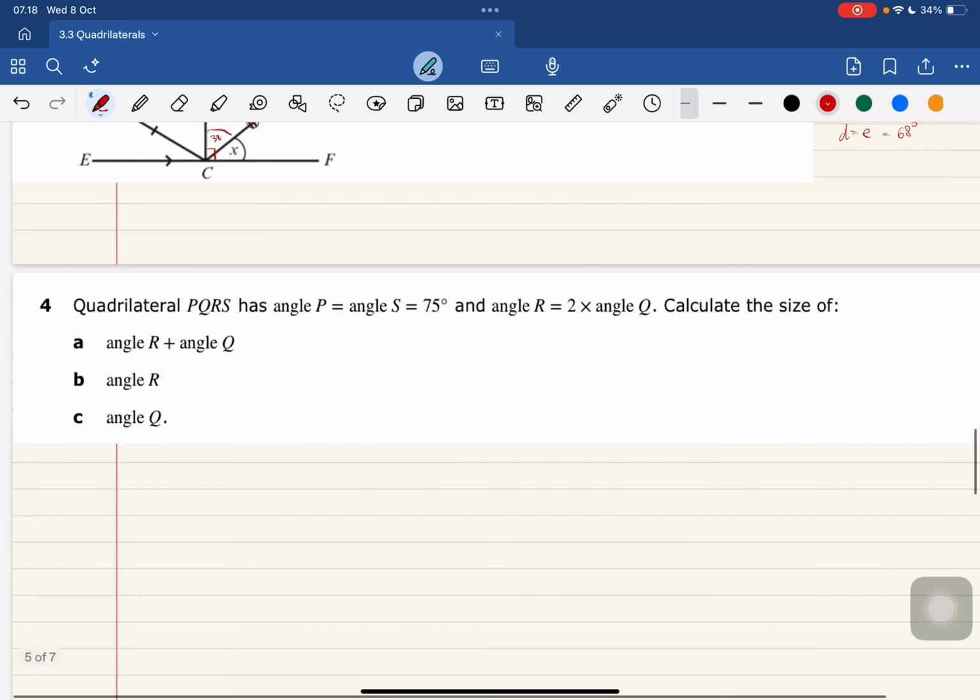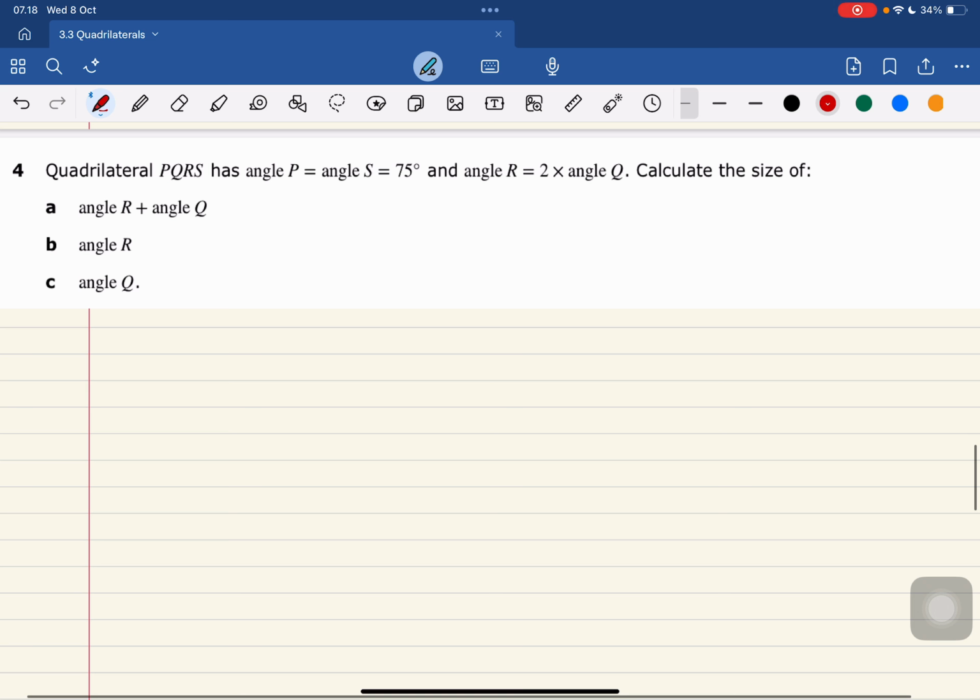Okay, there it is. Next, quadrilateral PQRS has angle P equal to angle S equal to 75 degrees. So the total of the angles in a quadrilateral is 360 degrees, four sides.